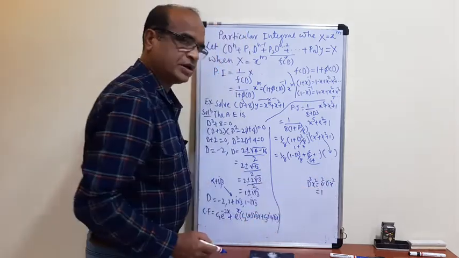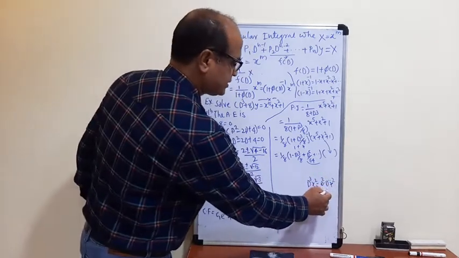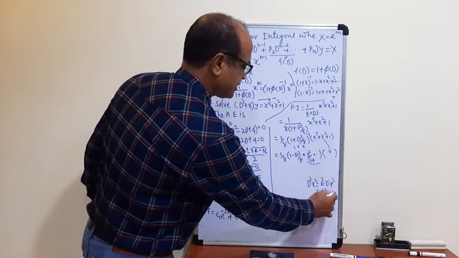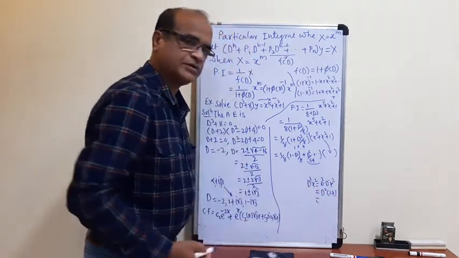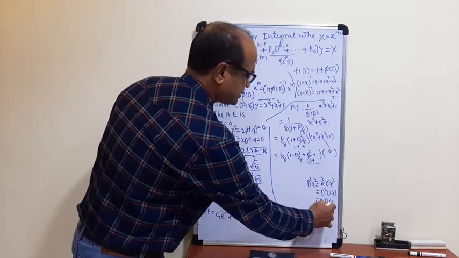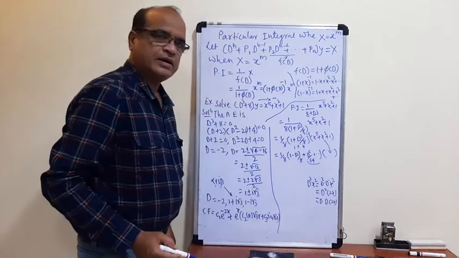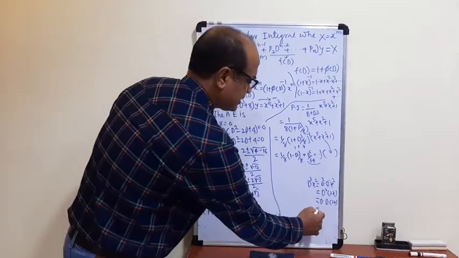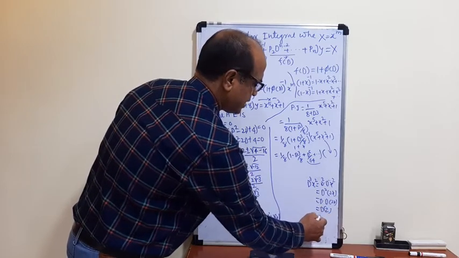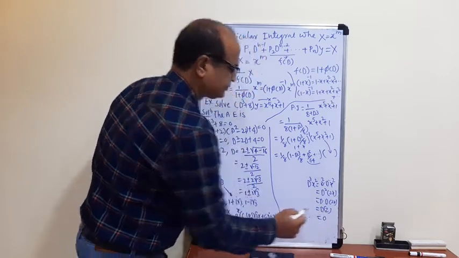First derivative: D of x square is 2x. Then again using the derivative, what is D of 2x? The derivative of 2x is 2, and the derivative of 2 is 0.